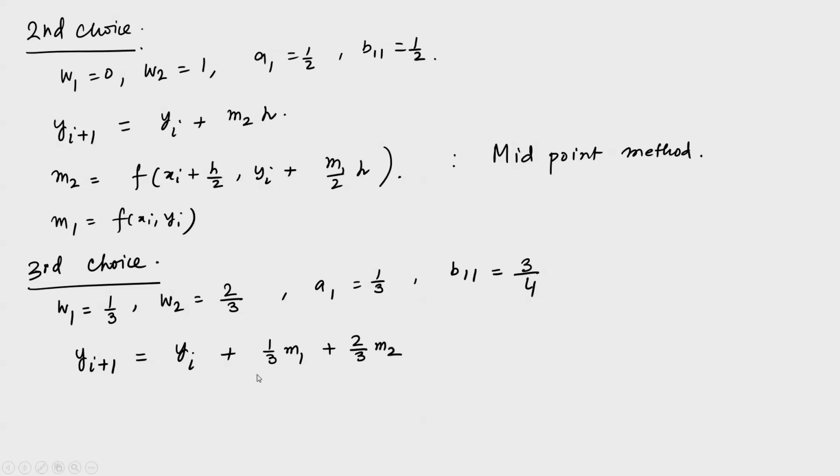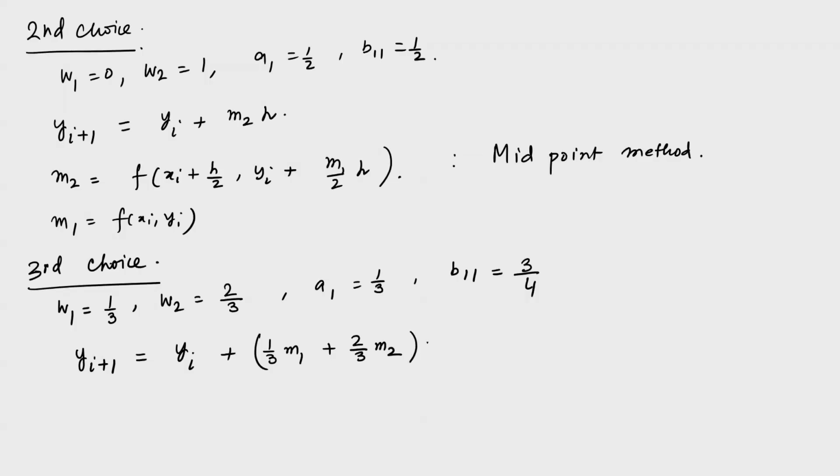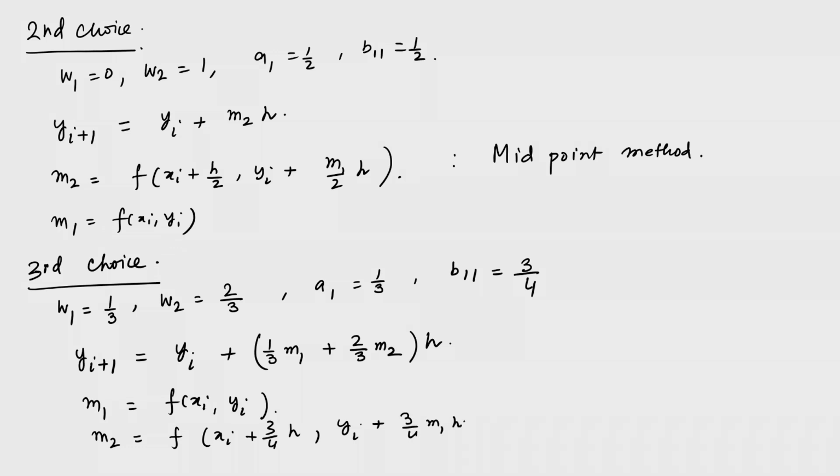So, it still is at 2 points, but the slopes, the weights have not been taken to be equal; rather they have been taken according to weights 1/3 and 2/3. So m1 is again f(xi, yi) and m2 is equal to f(xi plus 3/4 h, yi plus 3/4 m1 h) and so on.